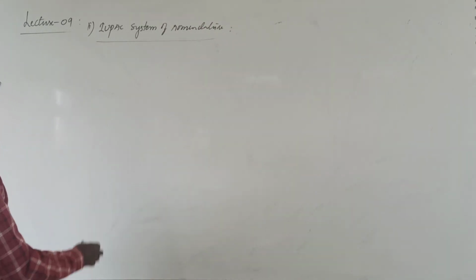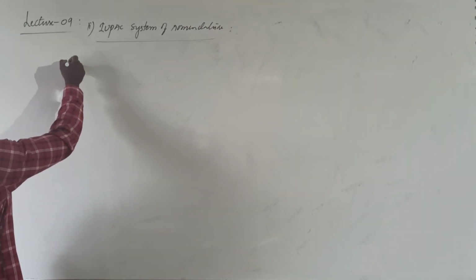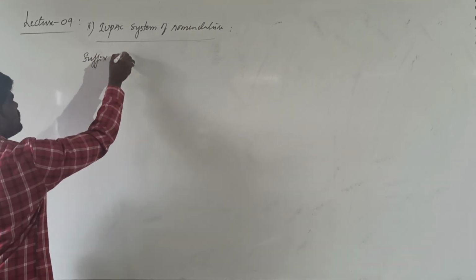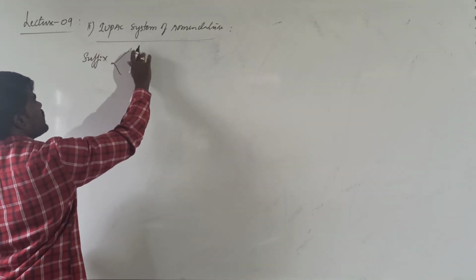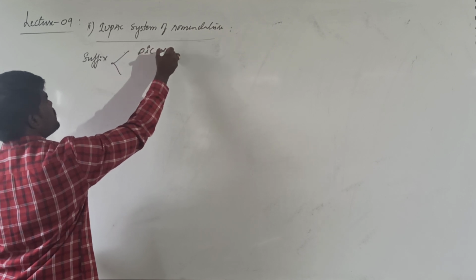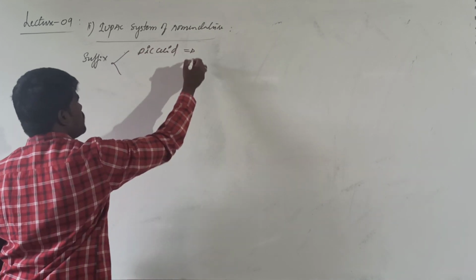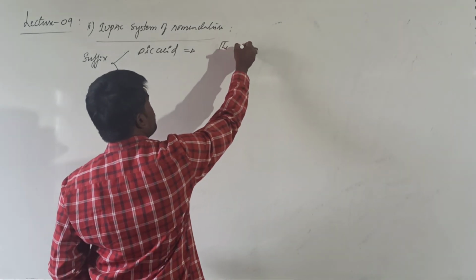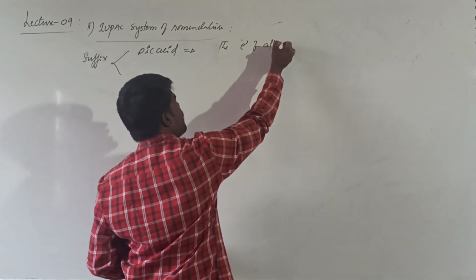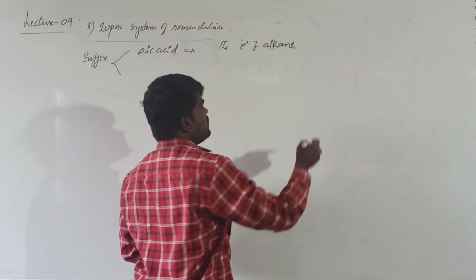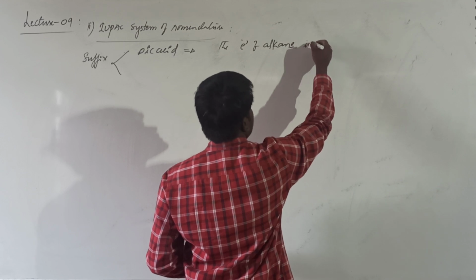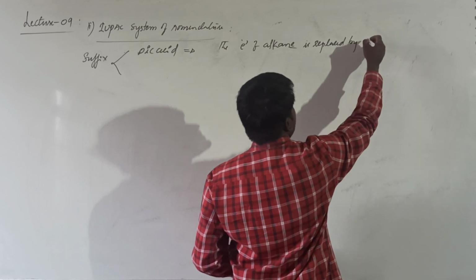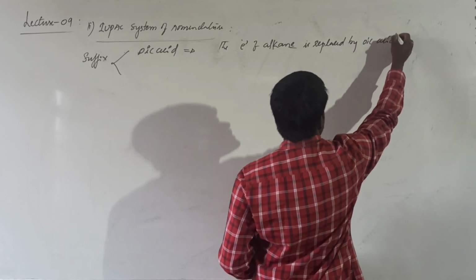According to the IUPAC system, there are 2 suffixes. Okay, the suffixes we use, there are 2 suffixes. One will be oic acid. That means the E of alkane or alkyne is replaced by oic acid in nomenclature.